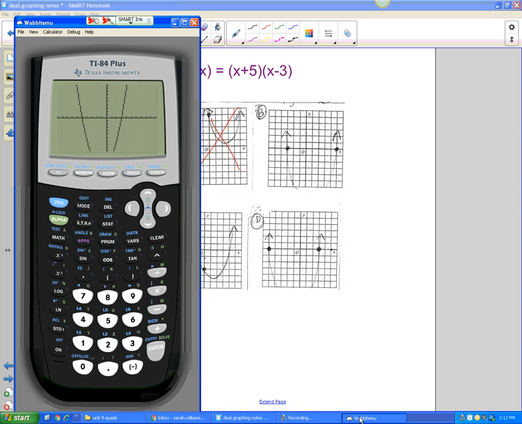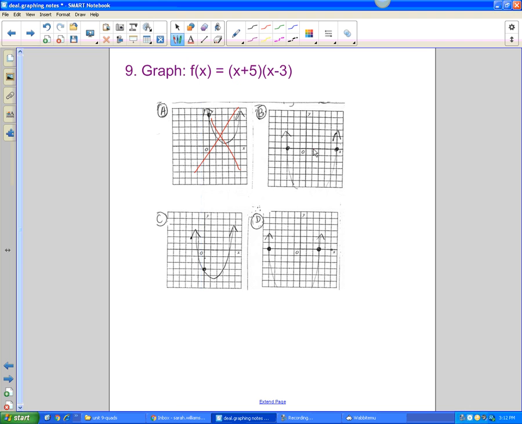So on the calculator, it crosses right there at 3, and at 1, 2, 3, 4, negative 5. So let's see what graphs cross at 3 and negative 5. So let's look at B. 1, 2, 3. Does it cross there? No. Let's look at C. Positive 3. Nope. What about D? Yep, positive 3 and negative 5. So the answer is D.